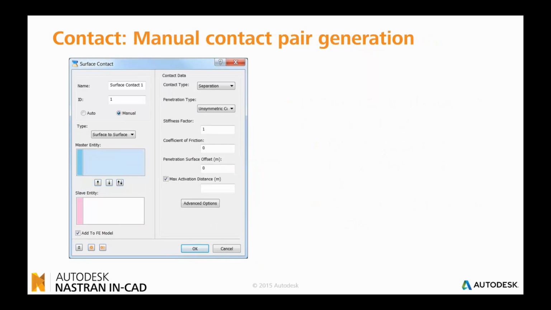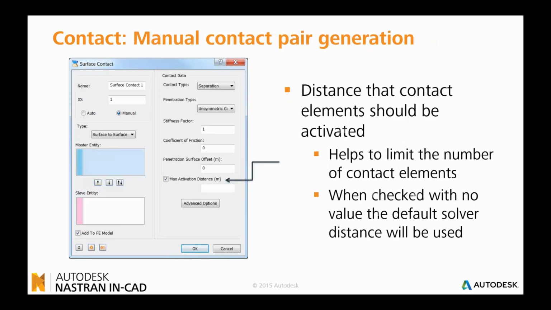If we look at manual contact pair generation, there is an option down here. Manual contact pair generation is where we're actually specifying entities. We're choosing faces, edges in reference to one another and assigning the type of contact. And you'll note here that there's a maximum activation distance.